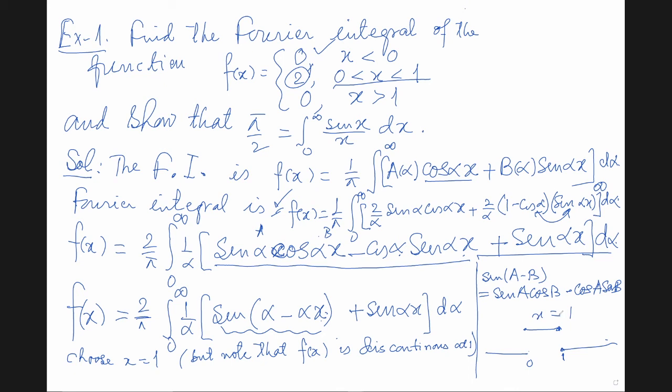So what will be the value here? f of 1 plus plus f of 1 minus over 2 equals 2 over... why? The integral from 0 to infinity. This term will be 1 by alpha, and this will become 0, right?